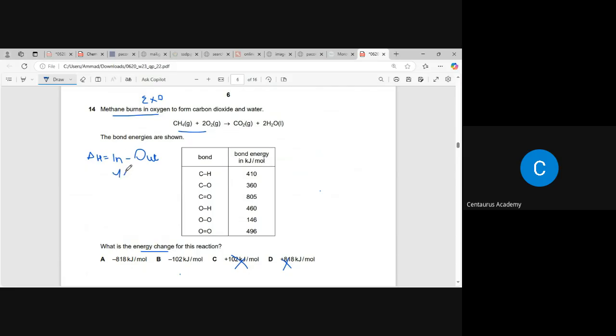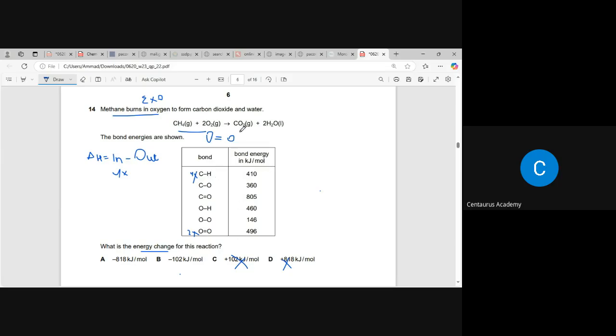So 4 carbon hydrogen bonds, these are 4. So 4 times 410 plus you have oxygen, oxygen double bond, and these are 2 moles. So this means 2 times 496, plus 4 times 410. We're going to sum this up.